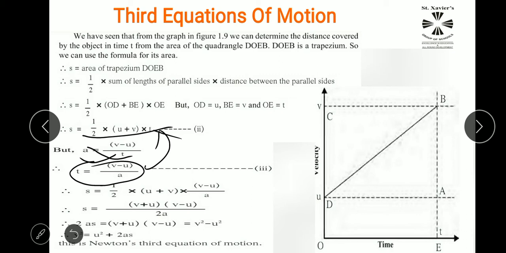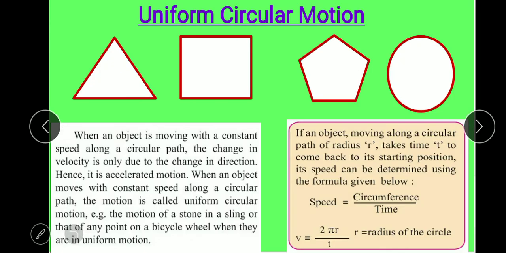So here S is equal to half into U plus V. Instead of T, we'll get the T value, V minus U upon A, students. Now here, students, I'll just modify this equation.